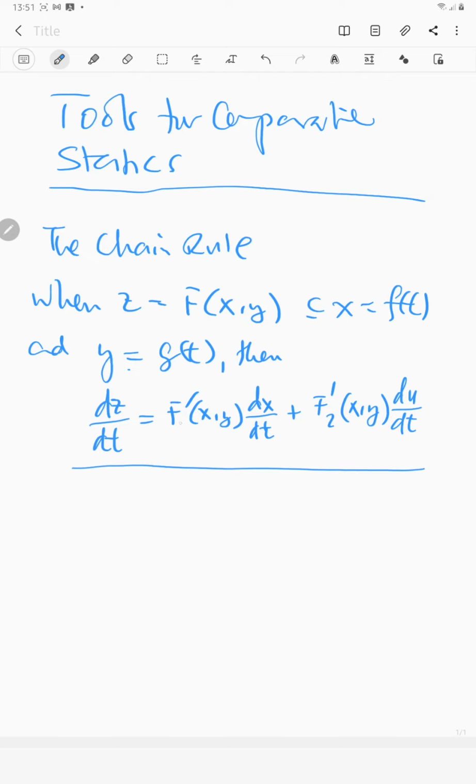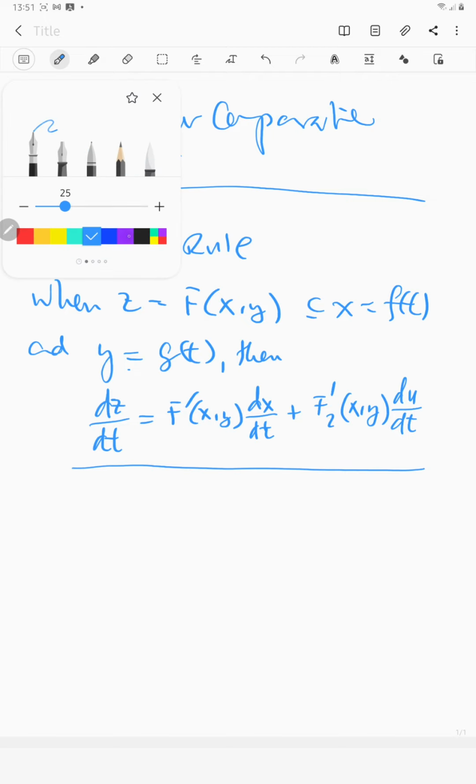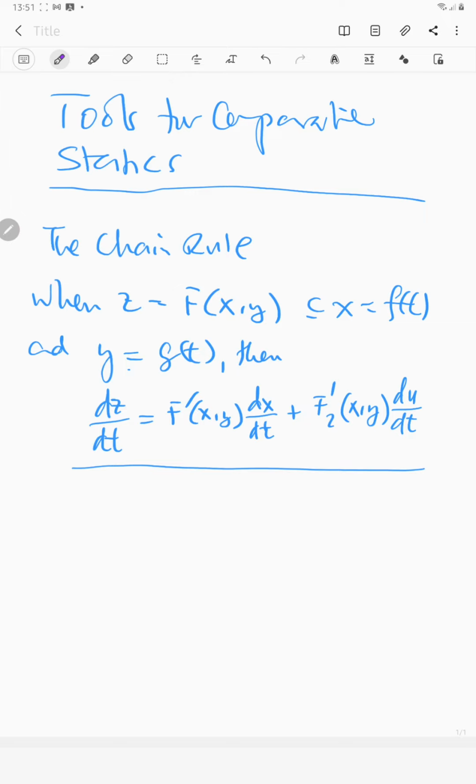This one is just a function, and this one is the function. If I put 1 here, it means I will be differentiating with respect to x, and if I put 2 there, it means I'll be differentiating with respect to y. Then I'll take dy/dt and here I will take dx/dt.